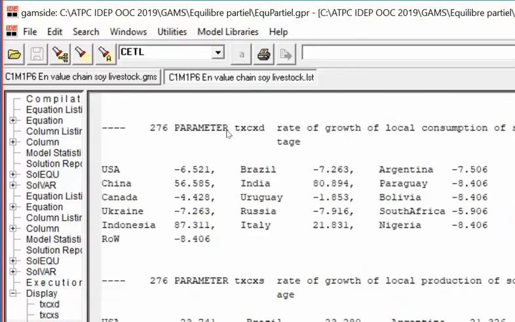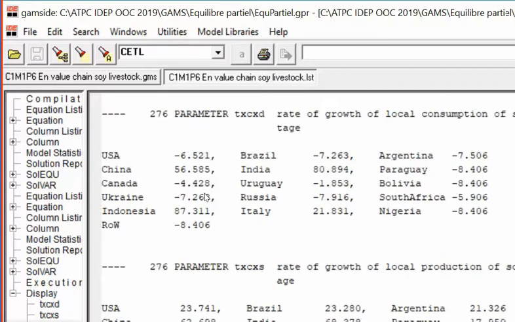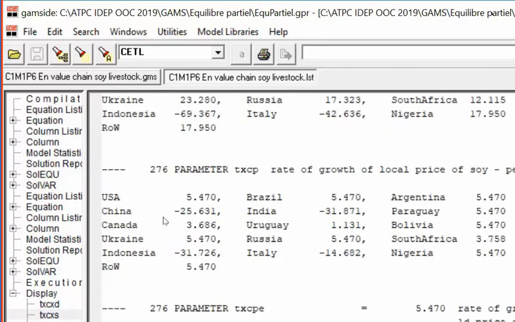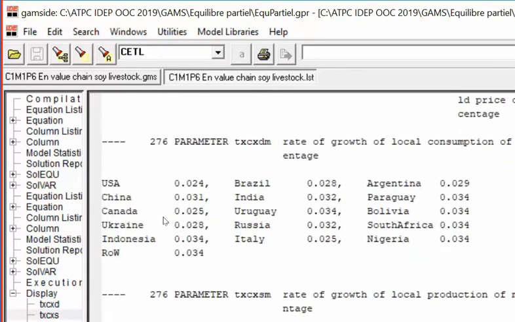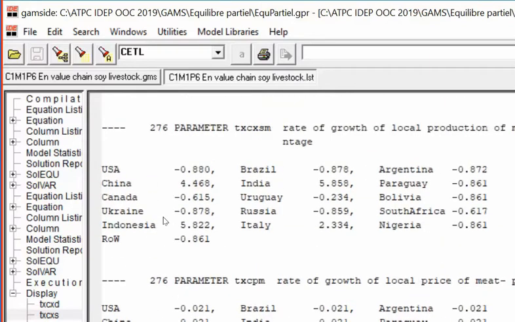With that, you can understand that, in fact, you've got variations in local consumption of soy and local production of soy. So, for example, concerning China, you have a large decrease of the local price of soy. So you've got a big increase in the local consumption of soy and a decrease in the production of soy. And you remember that, in fact, you've got the production of meat, which depends on the price of meat, but also on the price of the input, which is the price of soy.